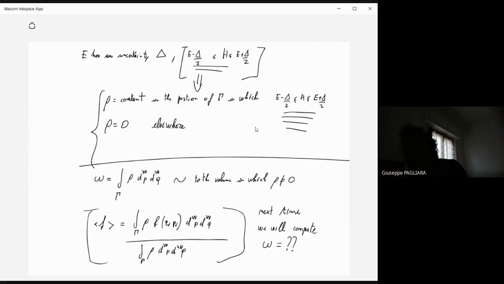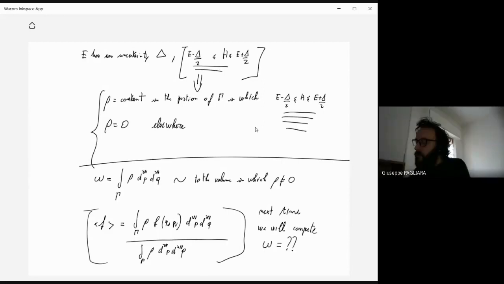And after computing this integral, we will use again the entropy of Boltzmann to compute the entropy of an ideal gas.